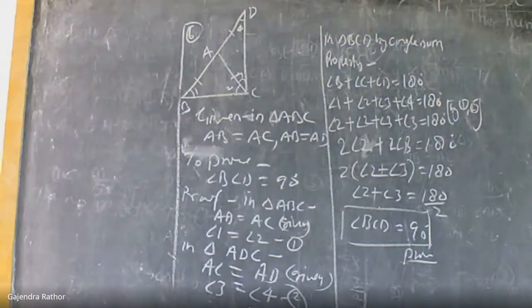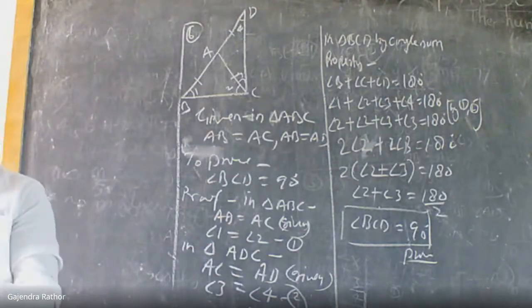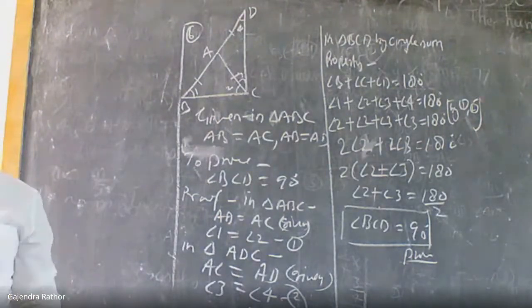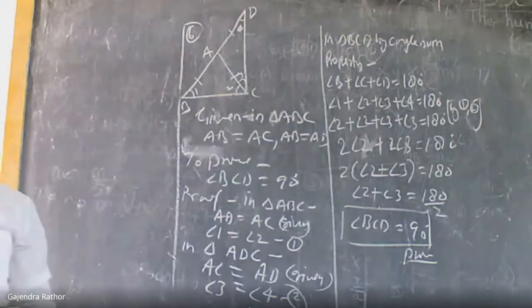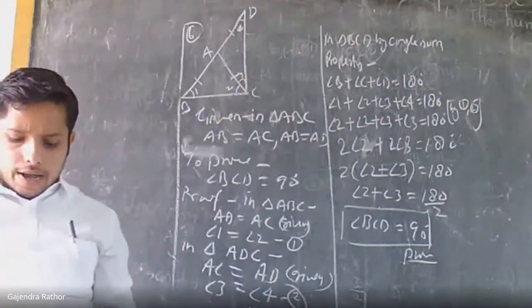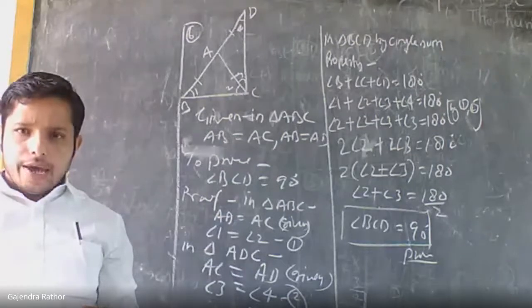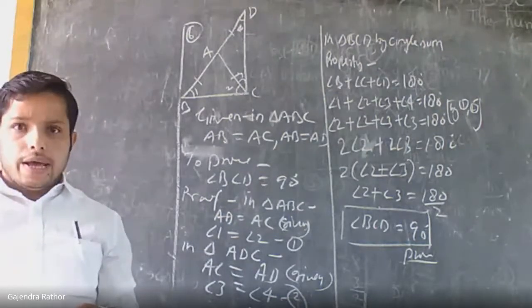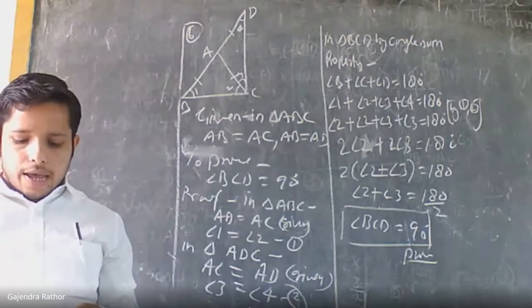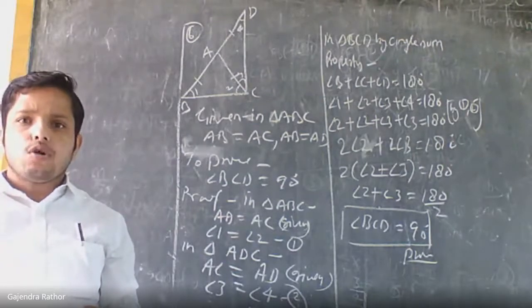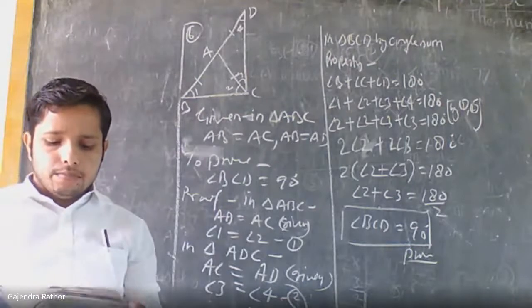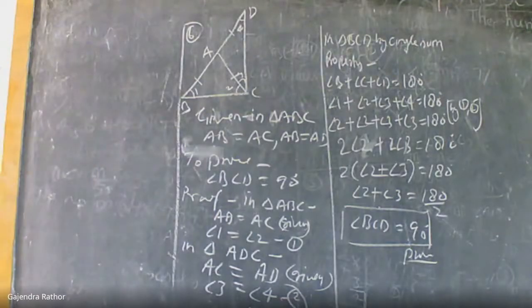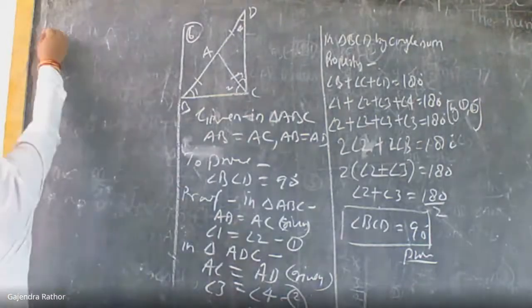Okay, let's continue. Question number 7. ABC is a right angle triangle in which angle A is equal to 90 degrees and AB is equal to AC. Find angle B and angle C. Here the figure is not given, so we have to draw the diagram.